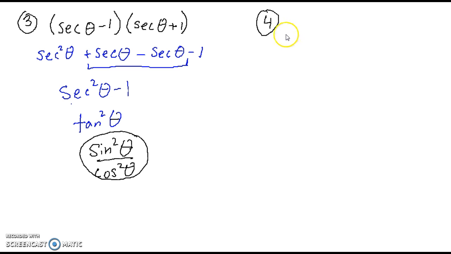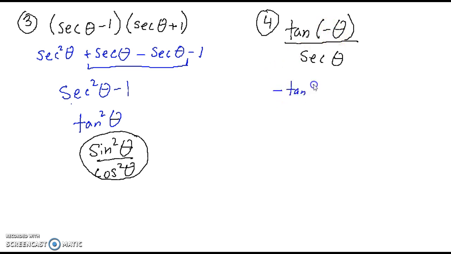For this one, we haven't used our negative angle identities yet. So tangent of negative theta all over secant of theta. The first thing I'm going to do is pull out that negative sign. Using my negative identity theorem, it's going to be negative tangent of theta, multiplied by a fraction. I'm going to break it up: 1 over secant.